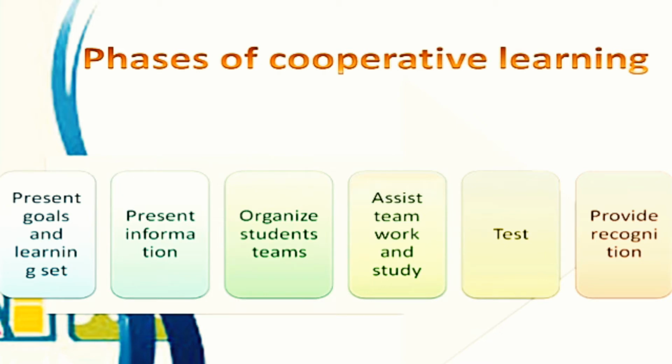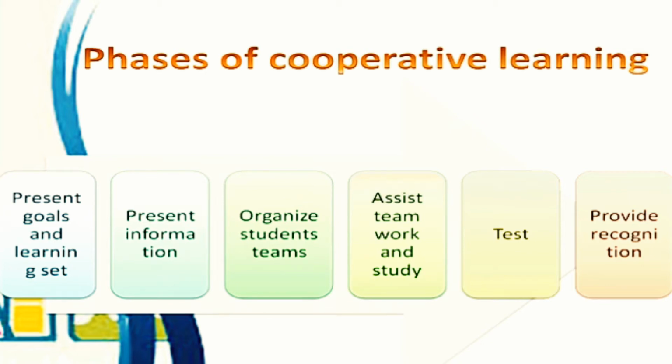This is followed by presentation of the information. The third phase of cooperative learning is organizing students into teams. So, heterogeneous teams are made. Each team now works independently, but the teacher assists the team and helps them in the study.